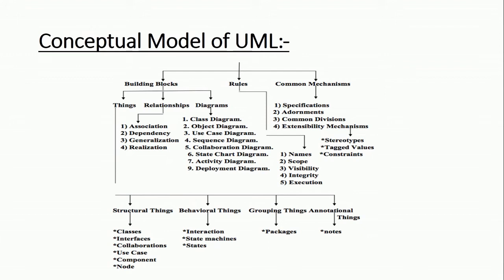Now the second is object diagram. An object diagram in the unified modeling language is a diagram that shows a complete or partial view of the structure of a modeled system at a specific time. The third is use case diagram.